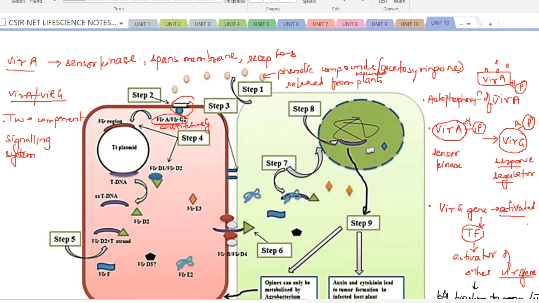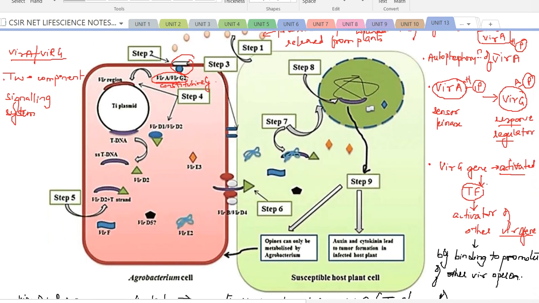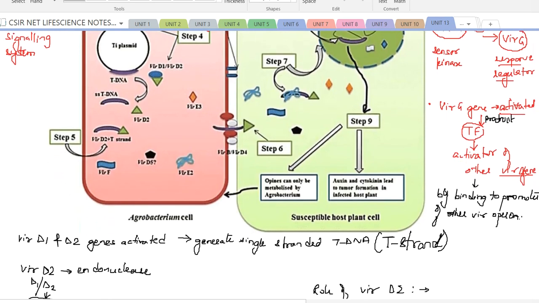Once this VirG is activated, it acts as a transcription factor. Its product goes and binds to the promoter of other Vir operons and in turn activates other Vir genes. How is it going to activate other Vir genes?